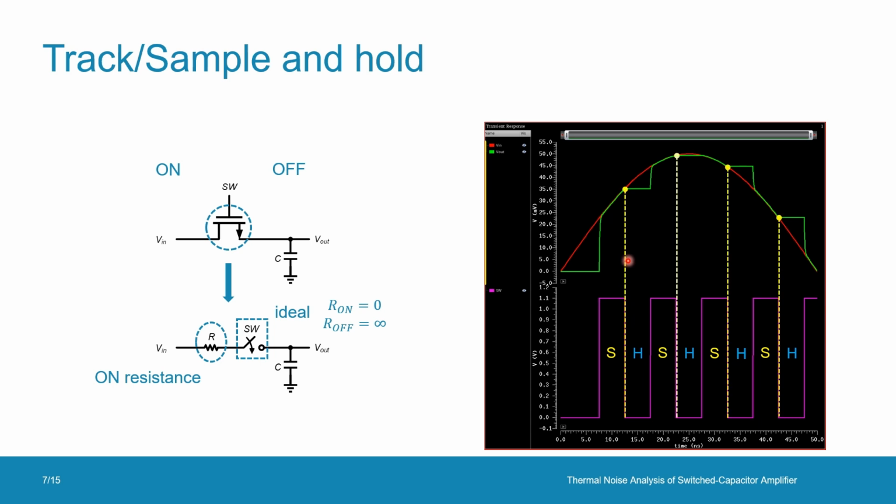Now, at the end of each sampling phase, the difference between input and output reaches the minimum, as shown in these yellow dots. So instead of looking at the continuous-time output waveform, what we really care about are the discrete-time samples, these yellow dots.